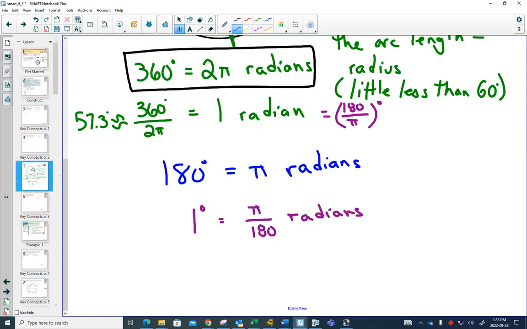But 180 does not equal pi. Pi is still and will always be 3.14159..., continuing for a very long time. But 180 degrees is pi radians. But sometimes people will want to say that pi equals 180. And that's only true if you include the units.